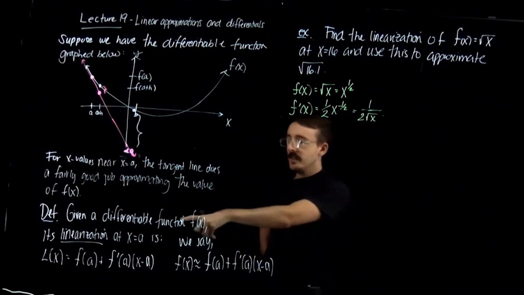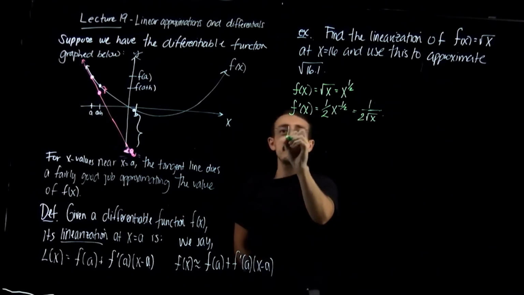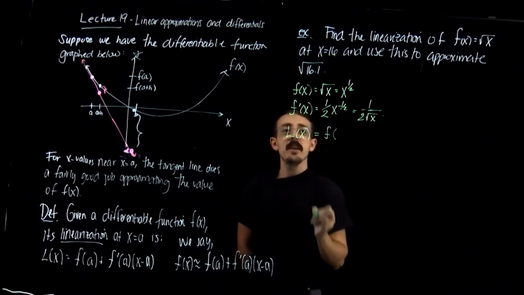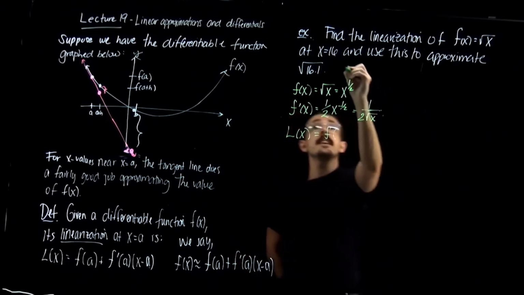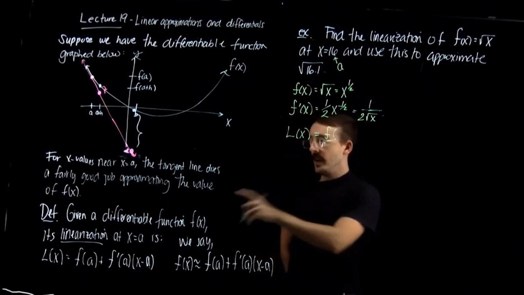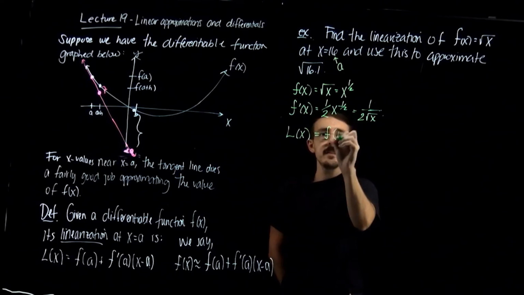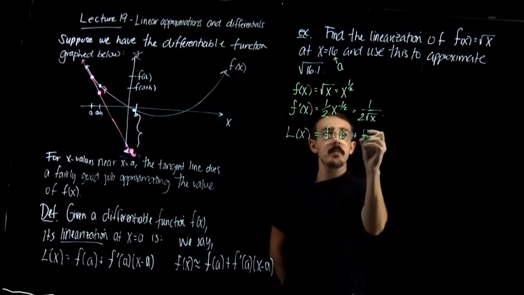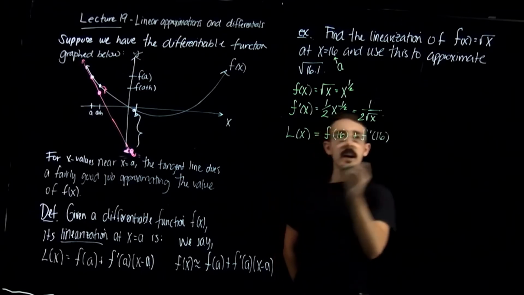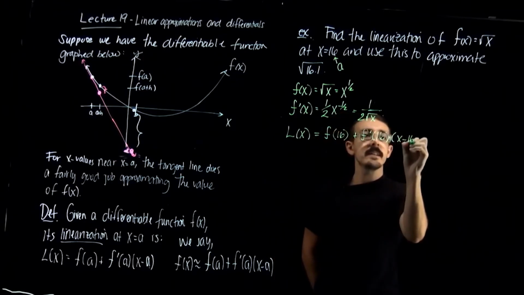Okay, let's start building the linearization. So it says that L of x is equal to f of a. And this time, the a they gave me is right there. It's 16. So I have f of 16 plus f prime of 16 times x minus, and then a is 16.